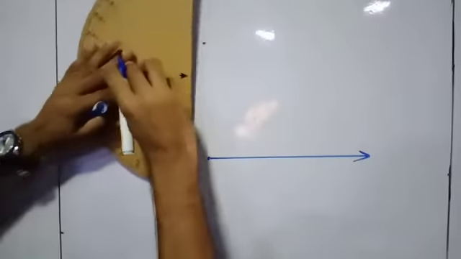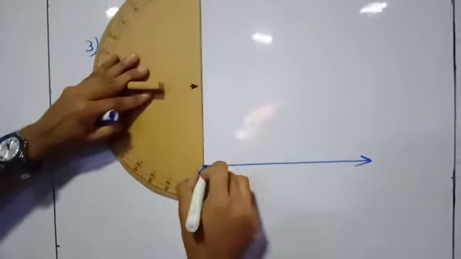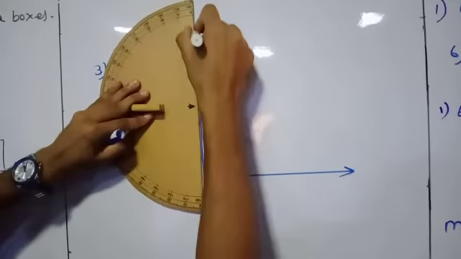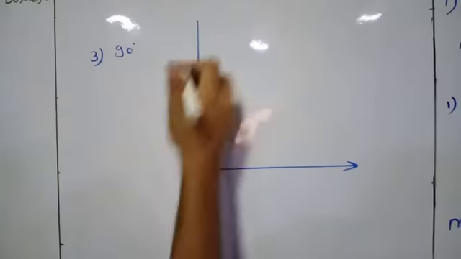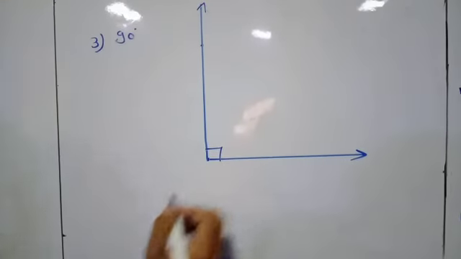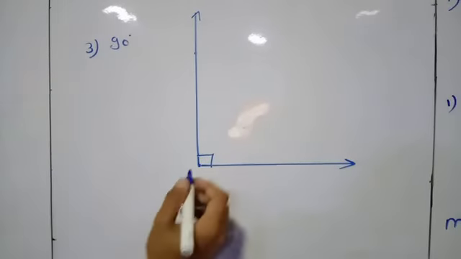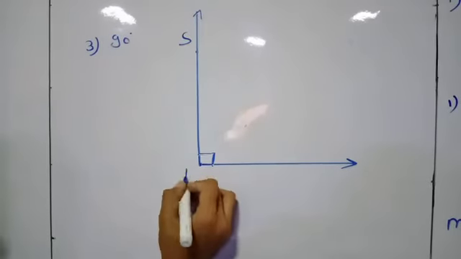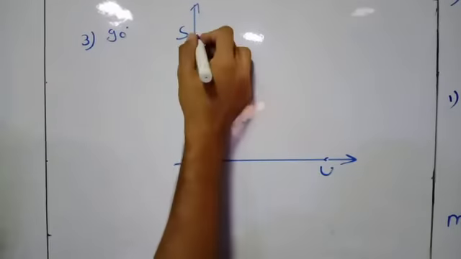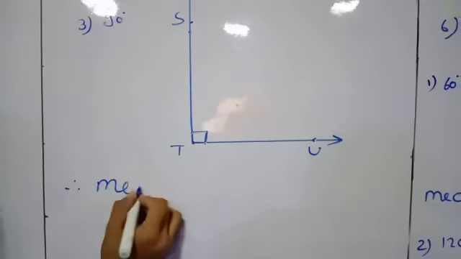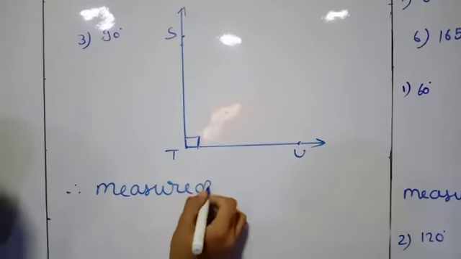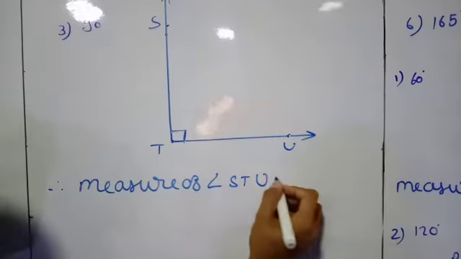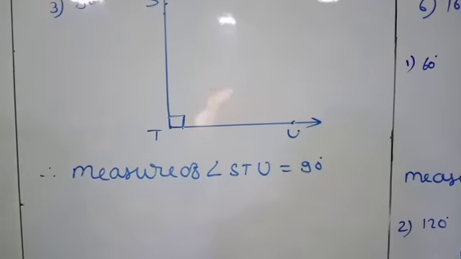Yes, now match it with the help of scale or protractor. This way we did. This is the 90 degree. Rather than writing 90, we have to put this sign. STU. Therefore measure of angle STU is equal to 90 degree.